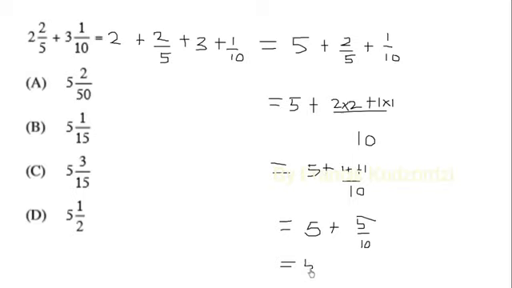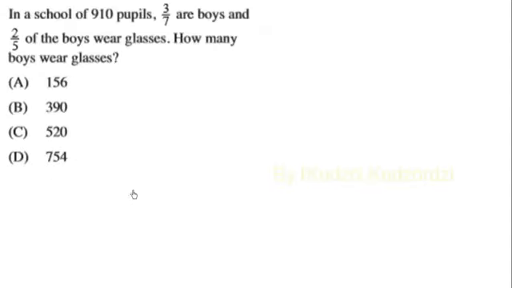So 5 plus 1 over 2, and this is the same as 5 and a half. Another way is to change all this into an improper fraction and simplify. So the answer is still 5 whole number 1 over 2.